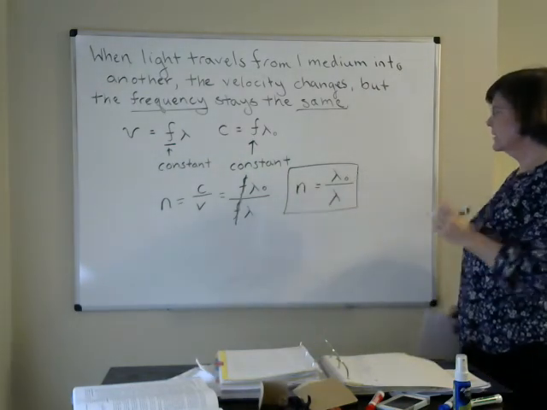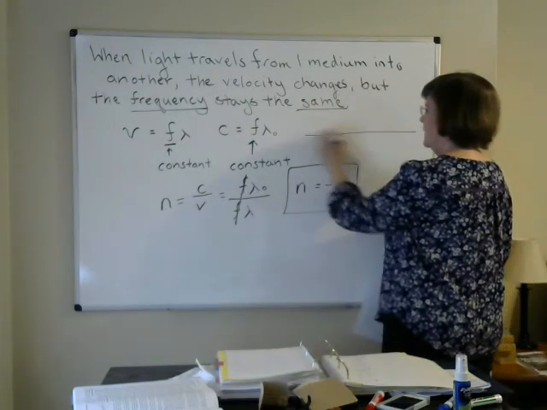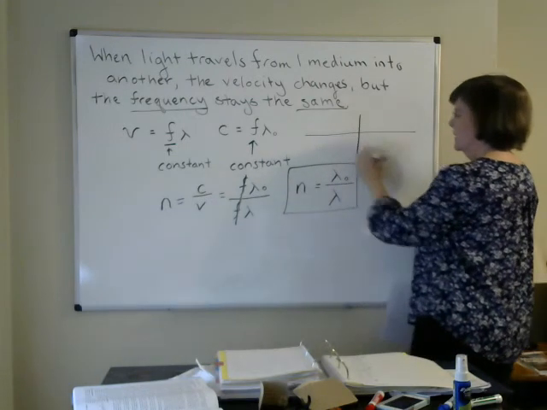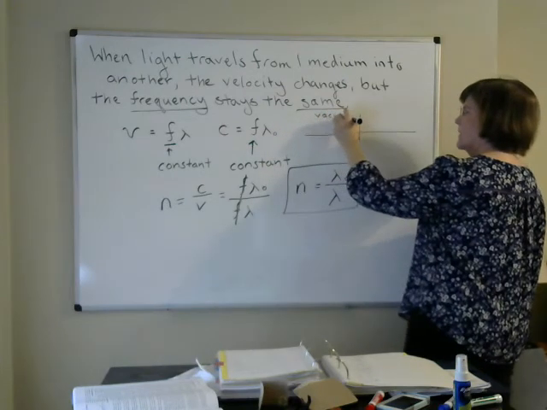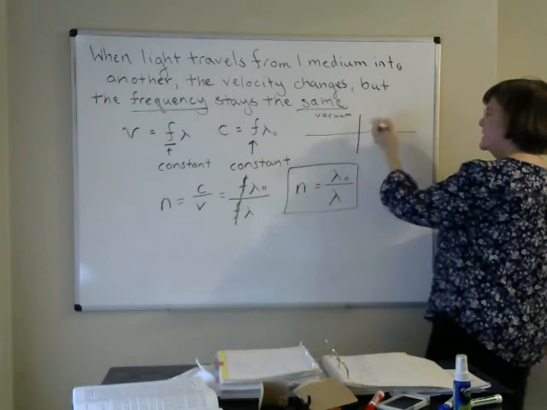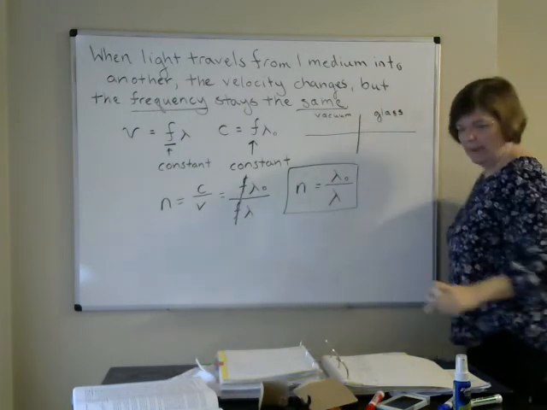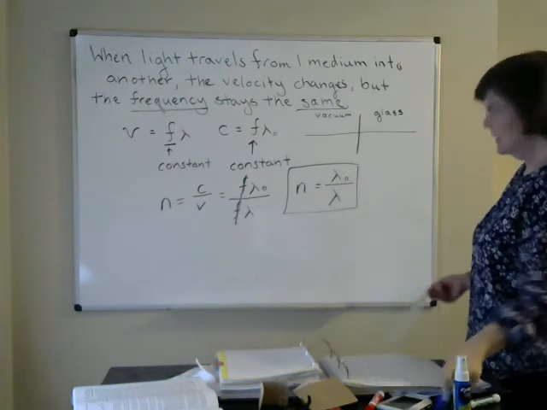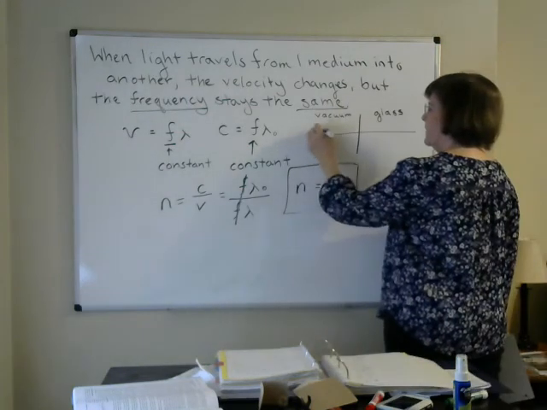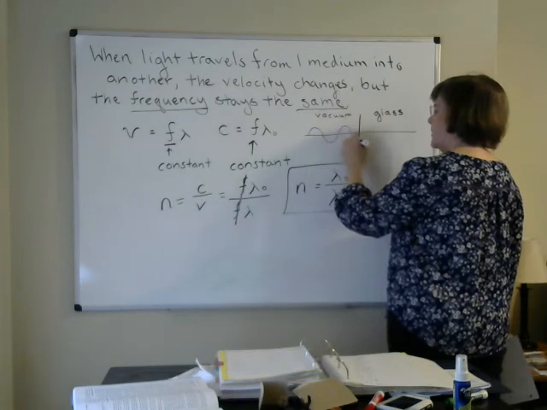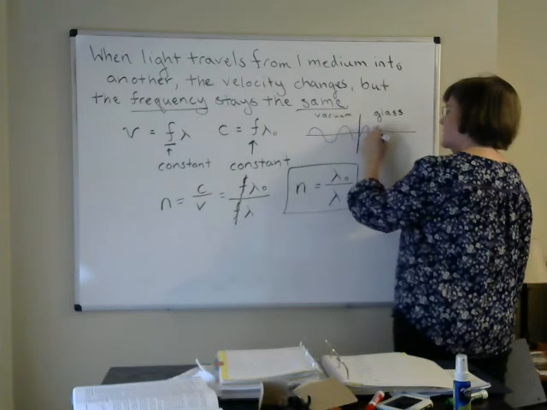What that looks like then, if I draw a picture, draw right here. Let's suppose this is the vacuum and this is a piece of glass, some other medium. Our frequency won't change, so here's our wave. But when it hits that glass, it can't travel as fast.